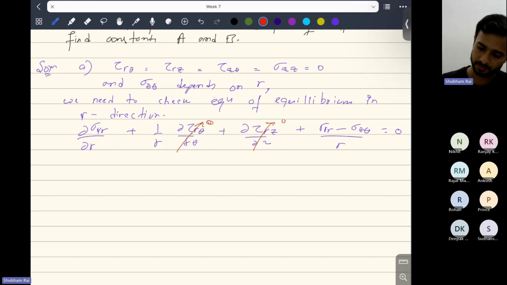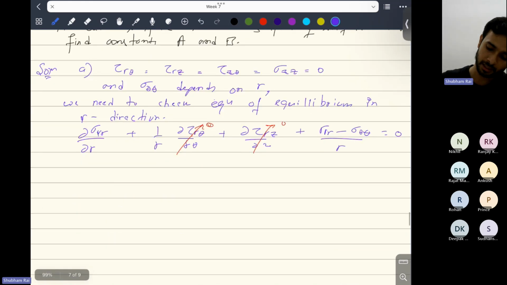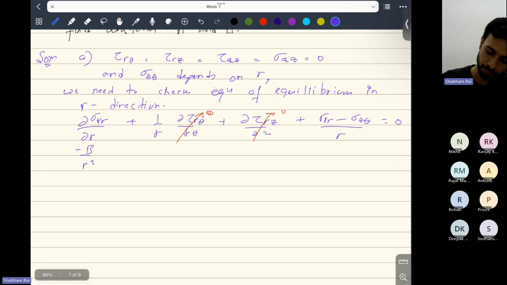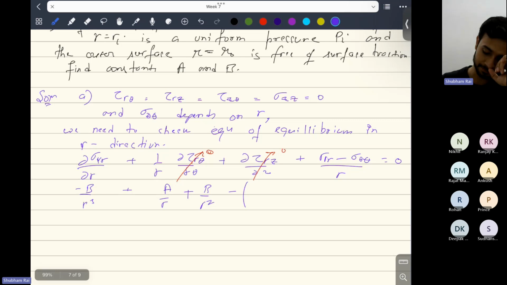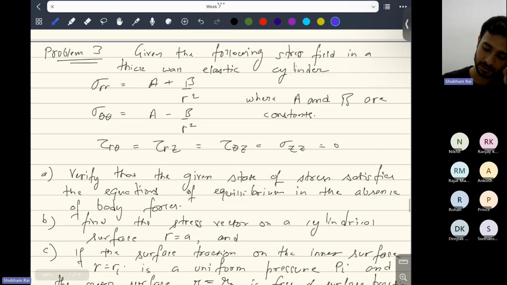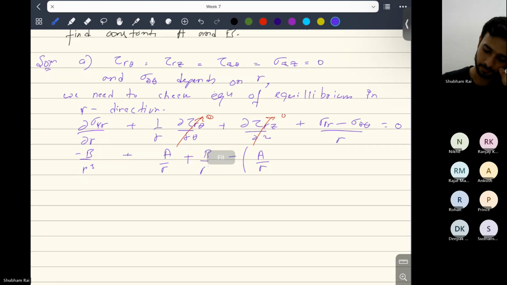And only these three terms are left. In these three terms, if we differentiate del sigma r over del r, you get minus b over r cube. So this is minus b over r cube plus sigma r over r, so this will be a over r plus b over r cube, and minus sigma theta theta over r, so this will be a over r minus b over r cube, right?